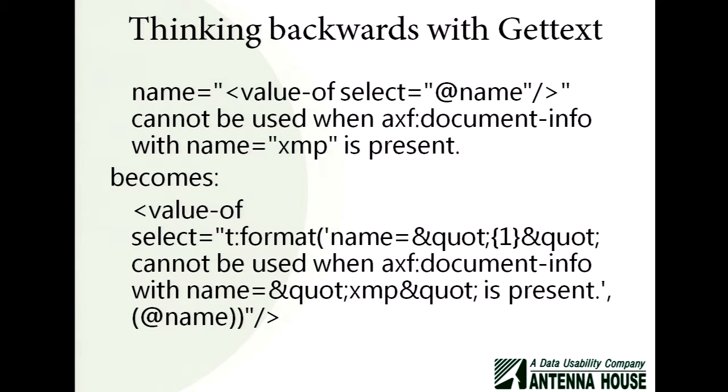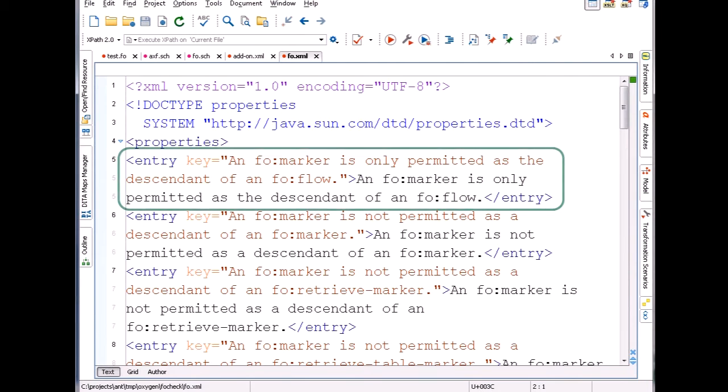But the problem is, when that gets a bit complicated, you sort of have to think backwards, and you turn what's a fairly reasonable message into a function call, and then you've got to break out the values and put them at the end, etc. So that really wasn't going to work for my translator, who isn't a technical person to begin with.